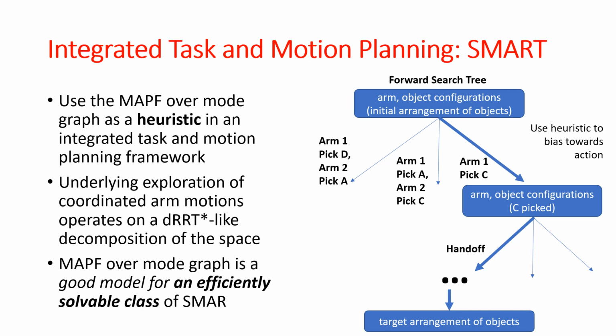So in the space of the task and motion planning, we build a forward search tree to explore these different choices and keep growing the tree, and we allow alternative choices to exist.